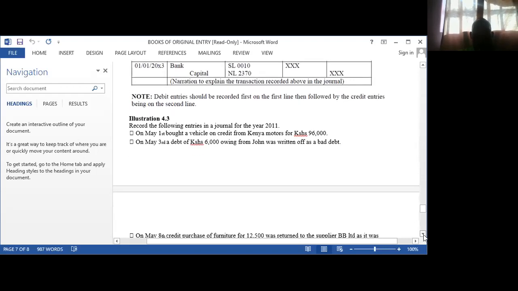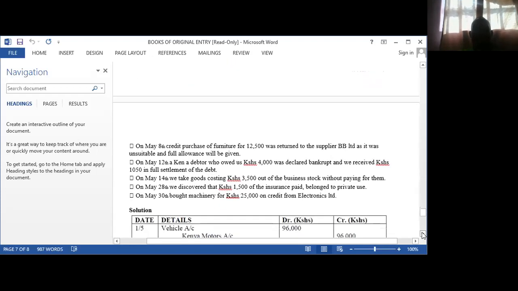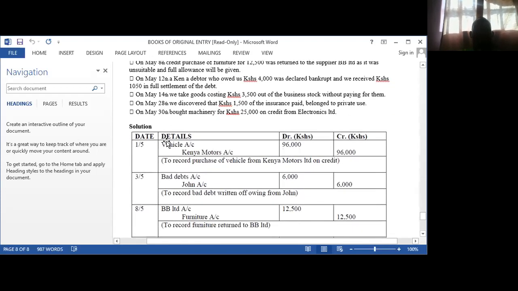So the transaction will appear like that here. You write motor vehicle account and you write the amount, and then the person who is going to be affected is Kenya Motors because it's our creditor. You record the amount on the credit side like that, and then you can give a narration: to record purchase of vehicle from Kenya Motors Limited on credit.